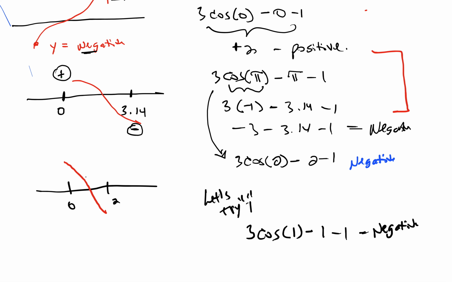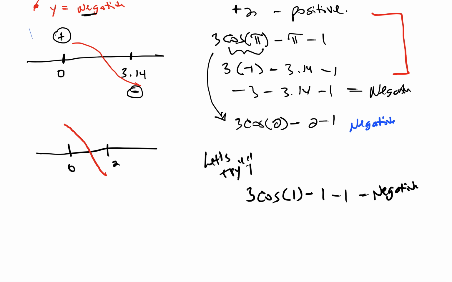So now we know that, all right, I know it's between 0 and 1. That's good enough. So we know it's between 0 and 1, and it crosses like that. Okay, hold on a sec.